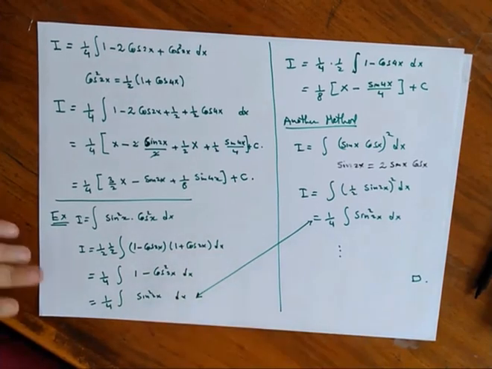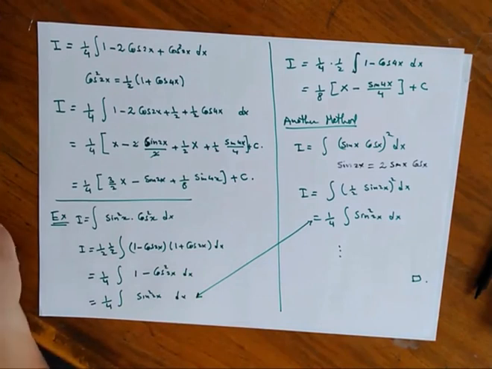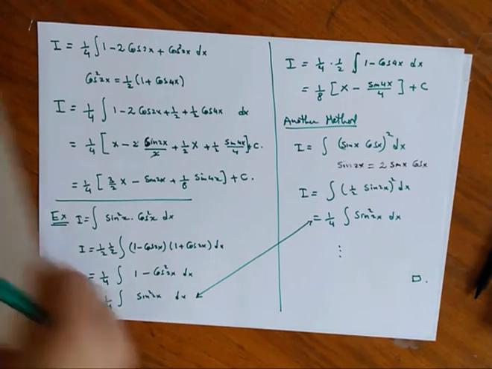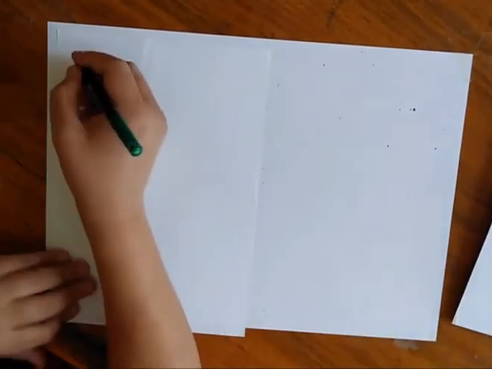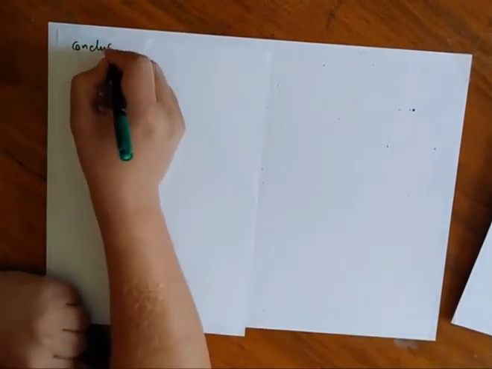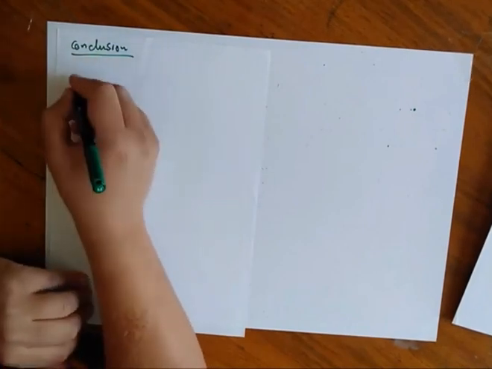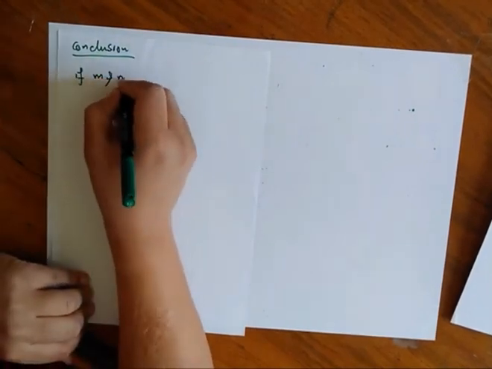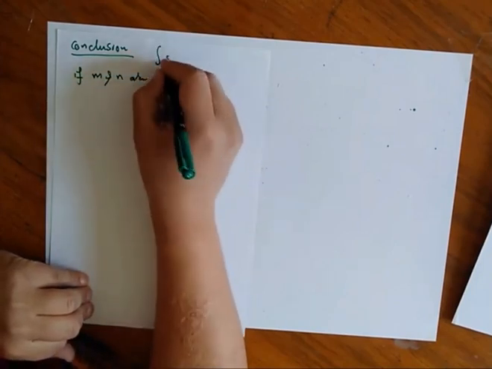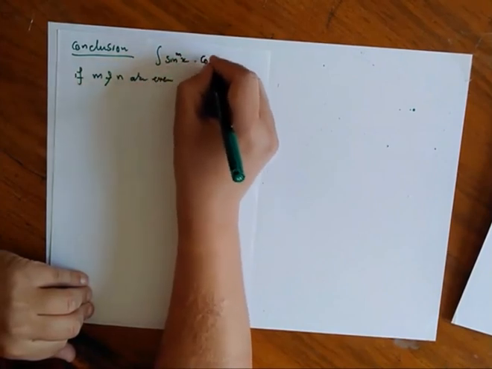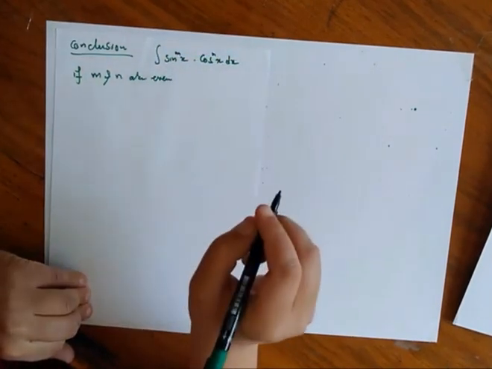So let's conclude this case here. We know that if the powers of the sine and the cosine are even, simply you have to use the double angle formula as much as you can to simplify your integrand. Okay, so in this case, if m and n are even numbers, we start with sine to the power m times cosine to the power n with respect to x.